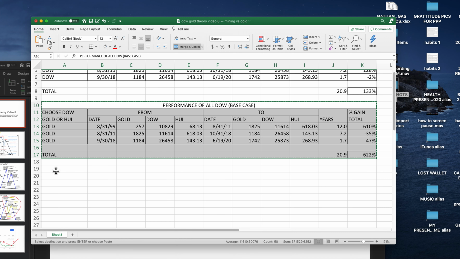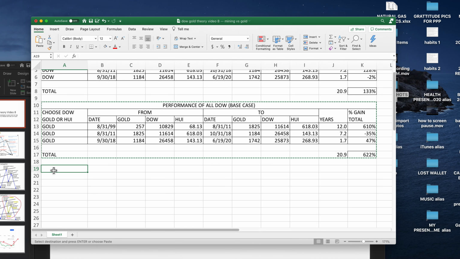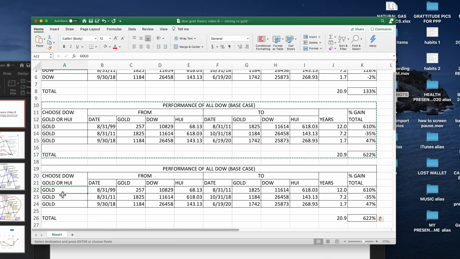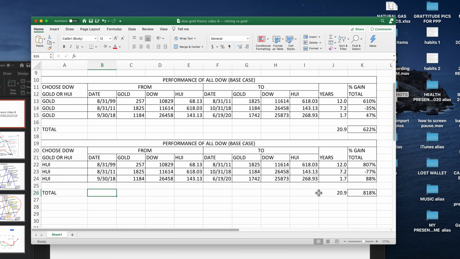And again, keeping all these segments the same. So there's a lot of reasons probably to choose gold over the Huey, one of them being that the Huey is very volatile, and you got that negative 77% right there in the second leg.